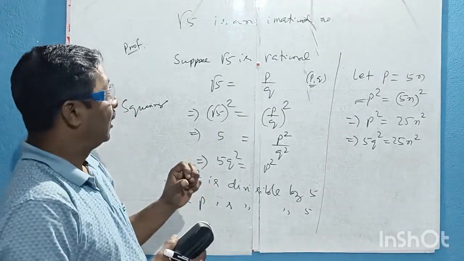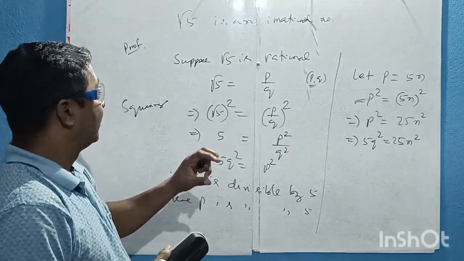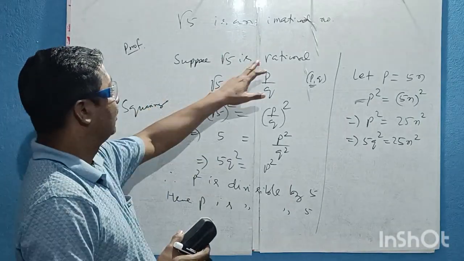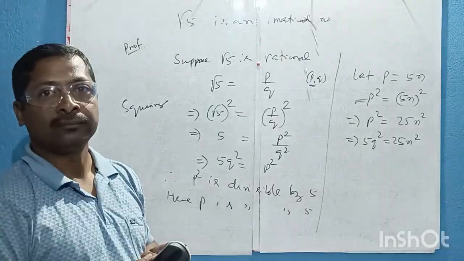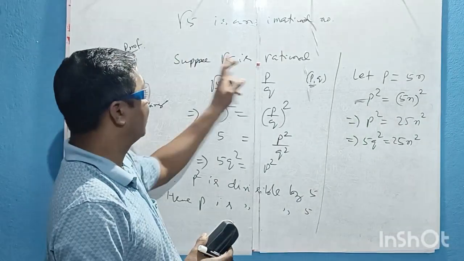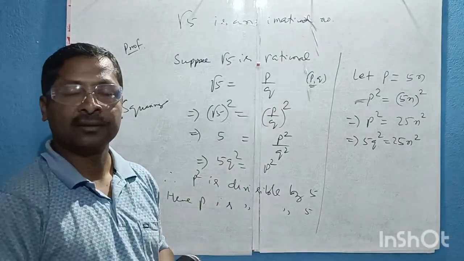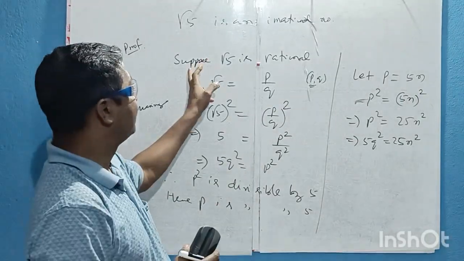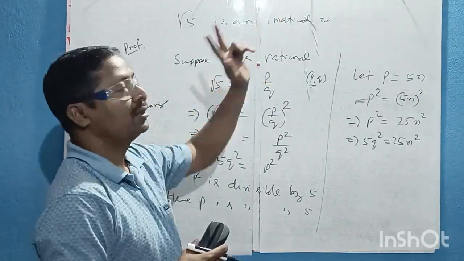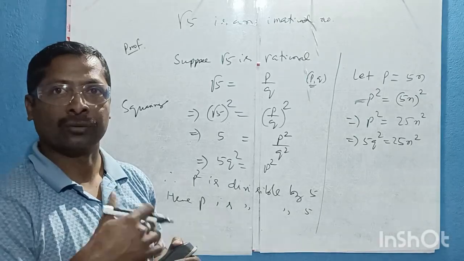So at that point, I can take the assumption as wrong. What I have taken here is wrong. Then that means the reverse is right. So it is not a rational number; it is an irrational number. I can conclude there.